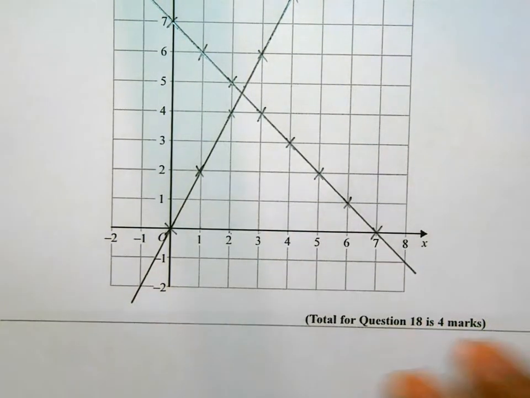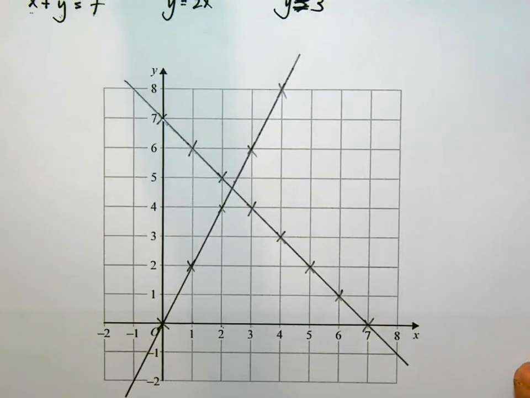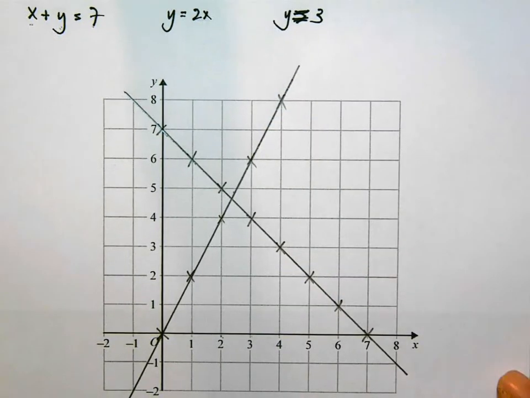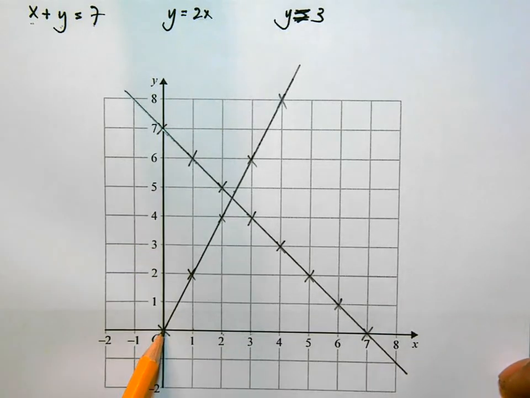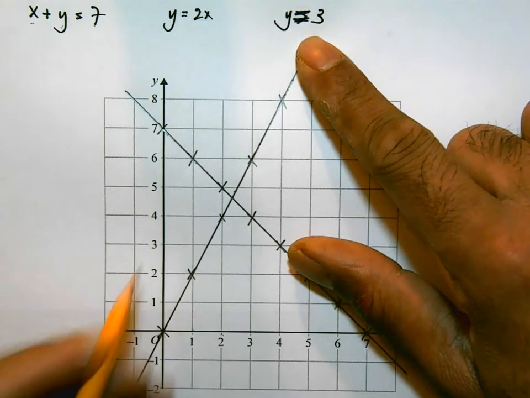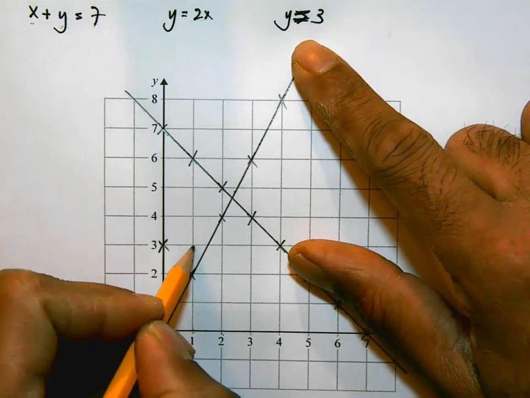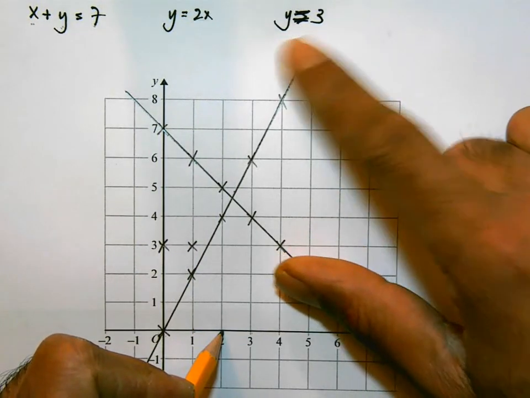And then the last line is y = 3. A good way of thinking about this is exactly how we've done it so far. Pick an x value. If x is 0, y is equal to 3. If x is 1, y is equal to 3. If x is 2, y has nothing to do with x, so y is always 3.